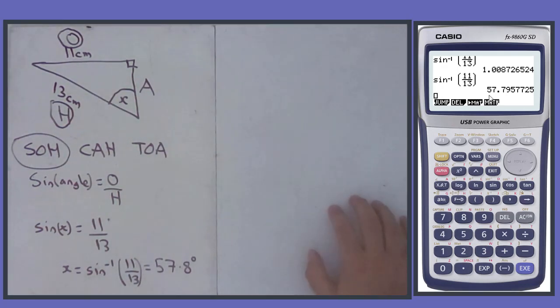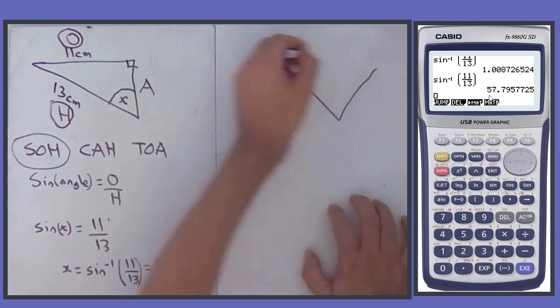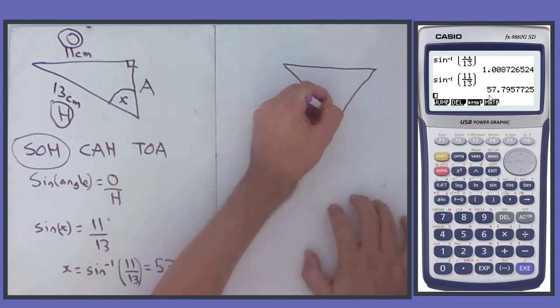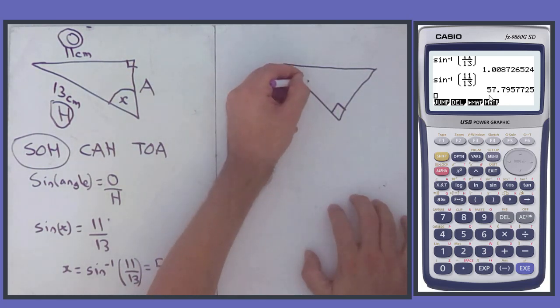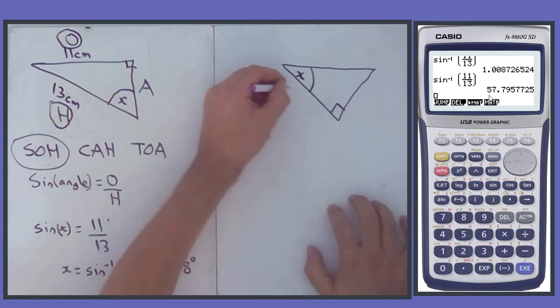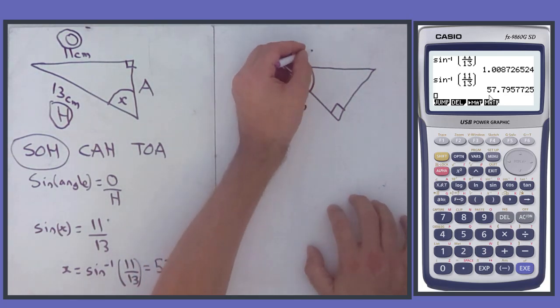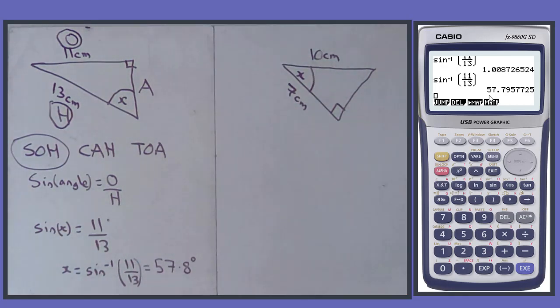Okay, we'll do one more. We'll do a cos. So a nice triangle. Okay, so say we want to know this, that can be the x, and this can be 7 centimeters, and this one here is a bit bigger, that can be 10 centimeters, something like that, right? So you look at it, so it's trigonometry, you need to find an angle, there's a right angle in the triangle, got two sides, need an angle, definitely SOHCAHTOA, definitely trigonometry, so we begin.